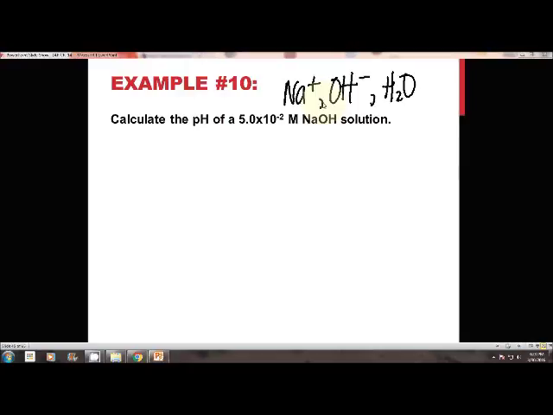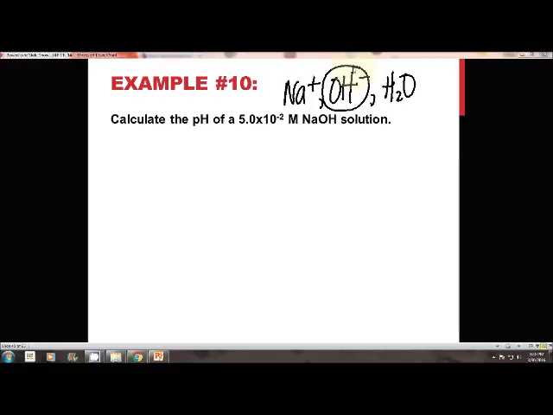Okay, well, since this is a basic solution, we're concerned mostly with the hydroxide, and since it's completely broken up, all of the hydroxide ions are coming from the sodium hydroxide, nothing to do with the water.